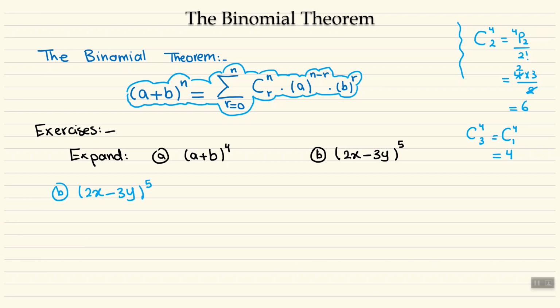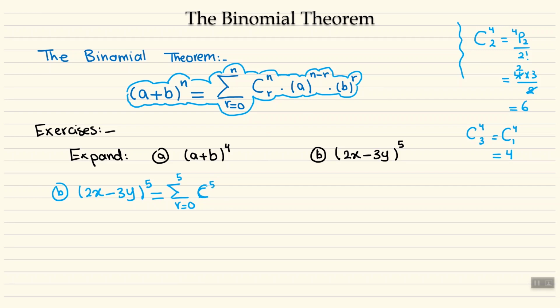Okay, let's start. According to the binomial theory, this is going to be, again, summation. So this is equal to summation r equals 0, and n this time is going to be 5, times combination.